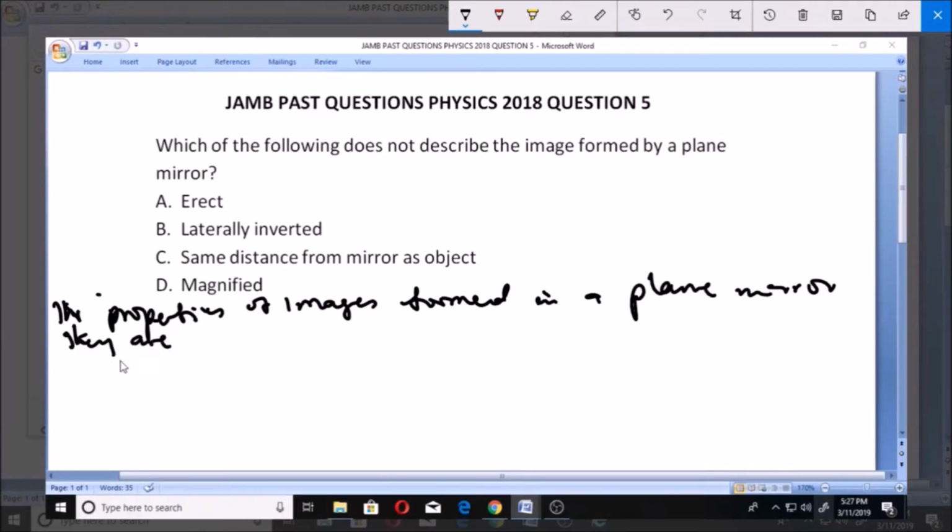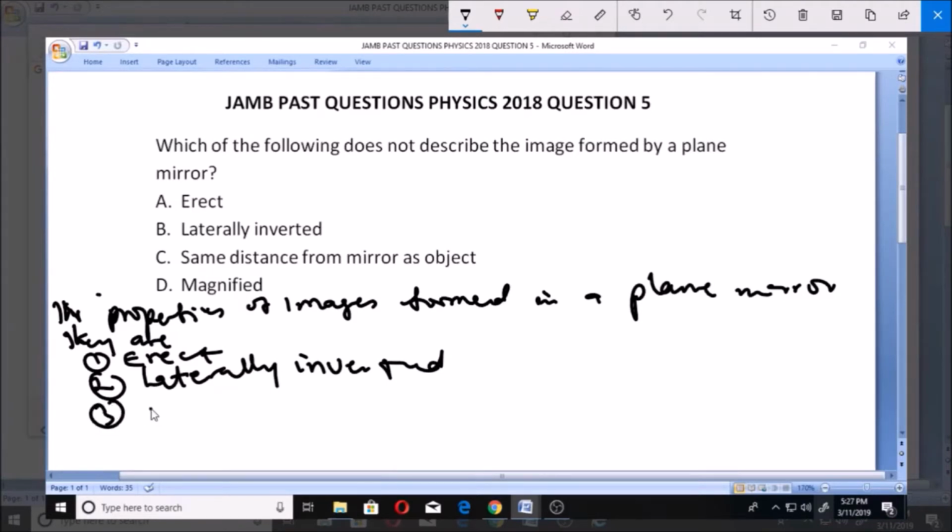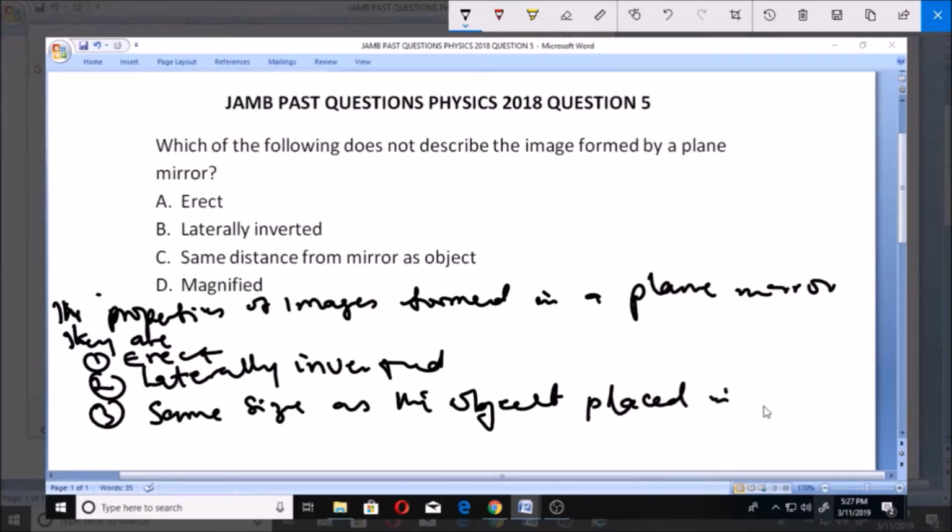They are: number 1, erect. Number 2, they are laterally inverted. It's one of the properties. 3, they are same size as the object placed in front of it. That is, they are same size as the object.